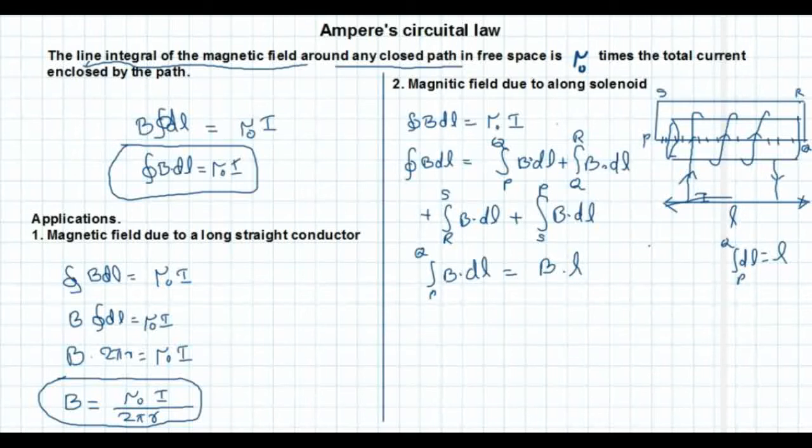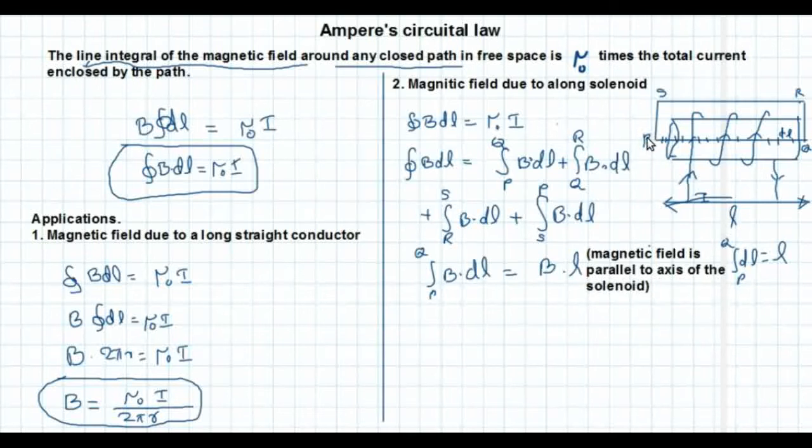There is one more point. This is how we are making this dl. There are so many dl's. We can divide this L into small dl's, and we are integrating all these dl's, or putting all the dl's together so that we get the length L. Then there is one more reason: the magnetic field is parallel to the axis of the solenoid.